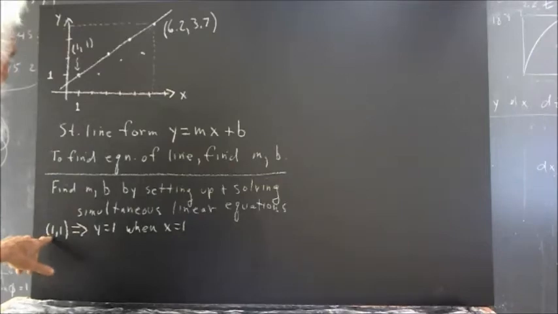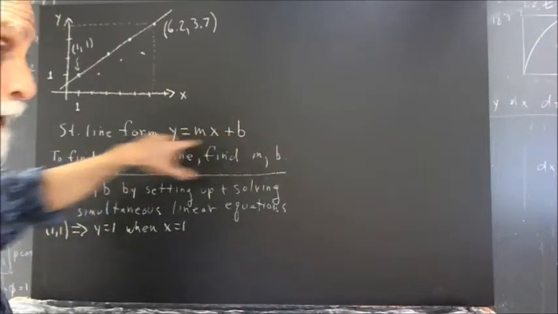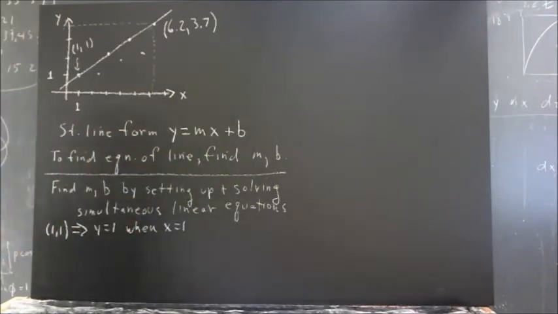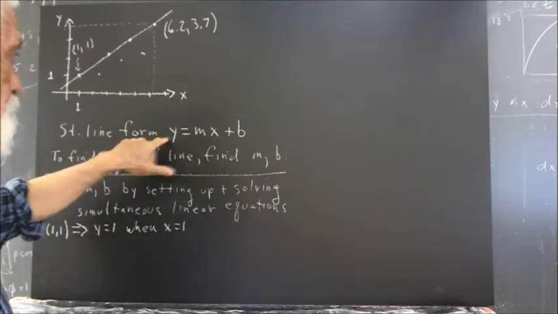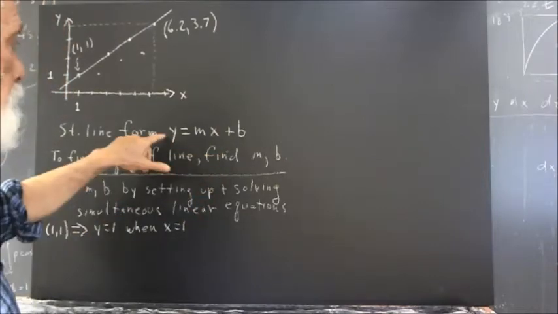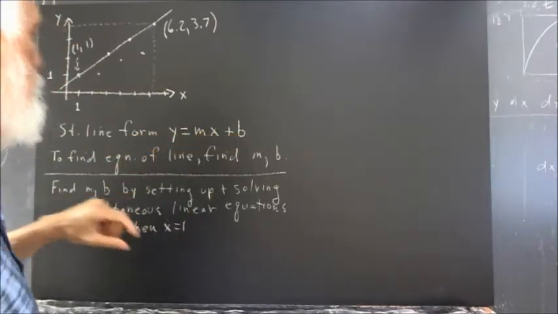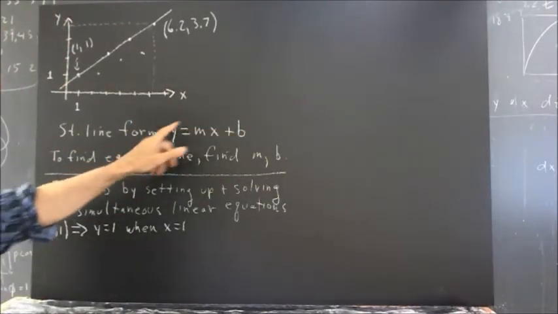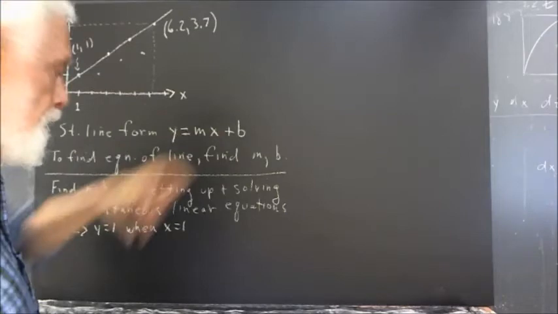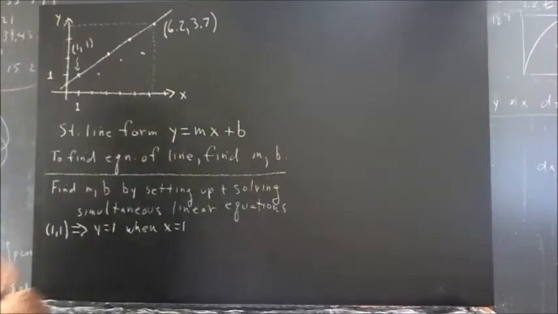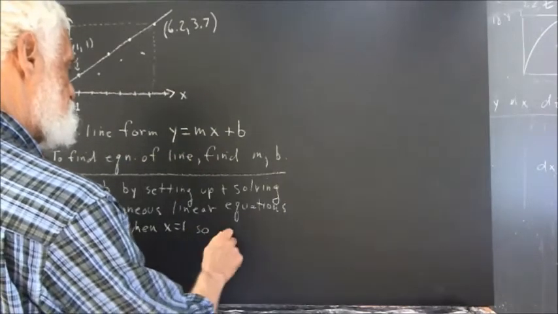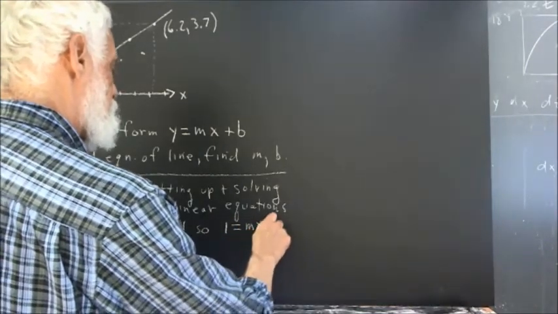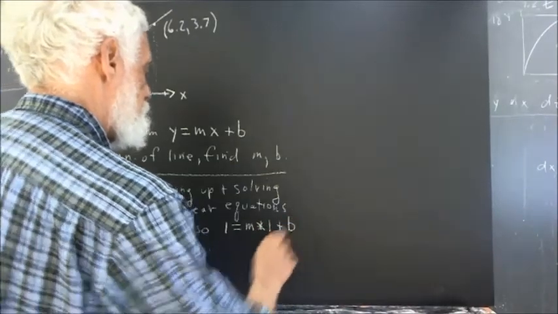Now, if the equation of the line gives you the point 1, 1, then y has to be 1 when x is 1. The equation's y equals mx plus b. We don't know what m is, we don't know what b is, but we know that when y equals 1 and x equals 1, the equation has to be solved. So, 1 equals m times 1 plus b.